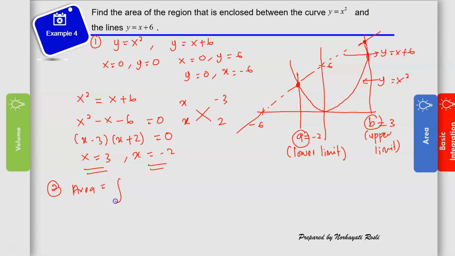The area is given by the integration from the lower limit negative 2 up to 3 of the upper function, x plus 6, minus the lower function, x squared, dx. When we solve this, we get x to the power of 2 divided by 2, plus 6x, minus x to the power of 3 divided by 3, evaluated from negative 2 to 3.